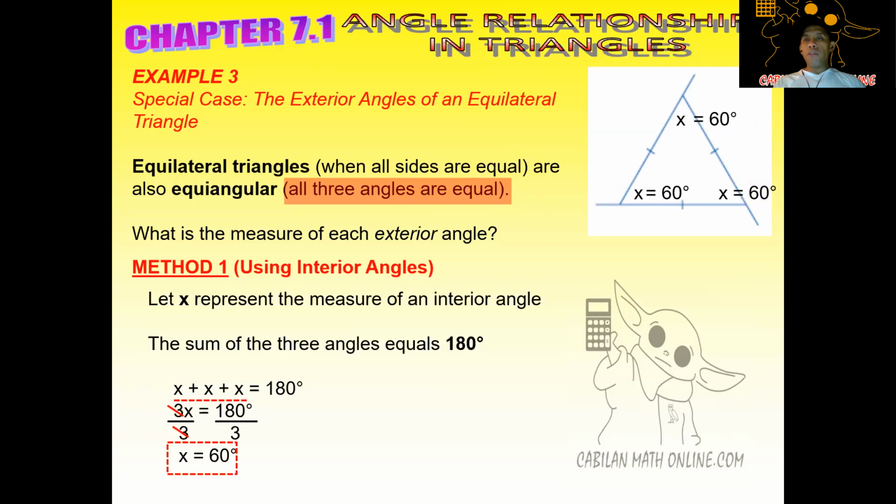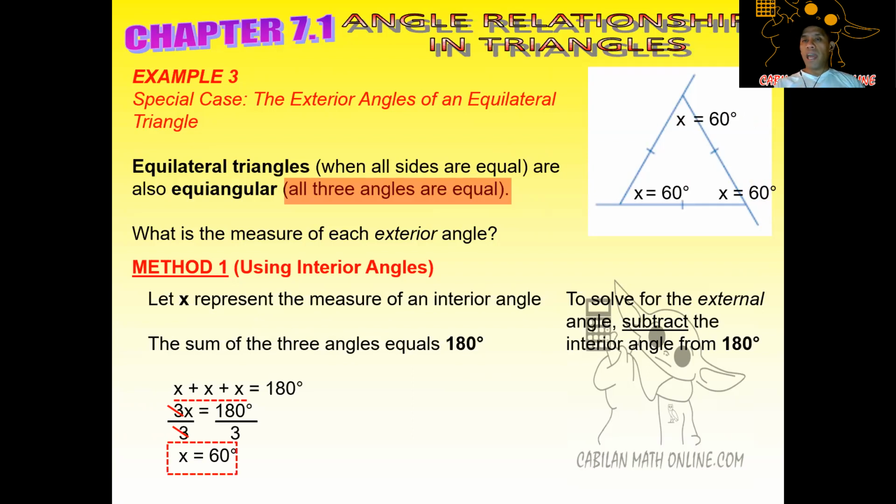Now, for all three exterior angles, we know that the exterior angle and the 60 degrees for each of those corners are supplementary. So in our final step, we solve by subtracting 60 degrees from 180.